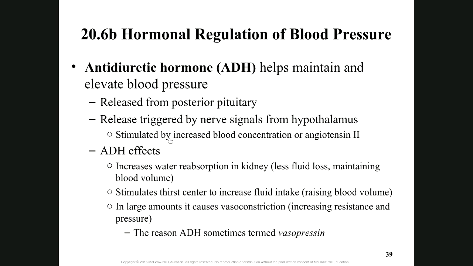The effect of ADH is increased water absorption in our kidney, so less fluid loss and maintained blood volume. It stimulates the thirst center to increase fluid intake. In large amounts, it can cause vasoconstriction. And because of that, the other name of ADH is vasopressin, because it can work on contraction of blood vessels. And all of them can increase the blood pressure.